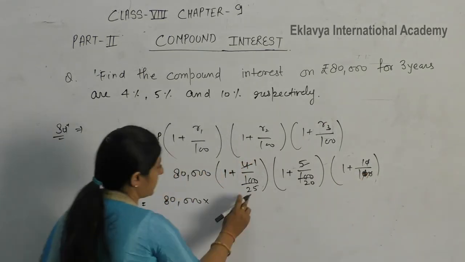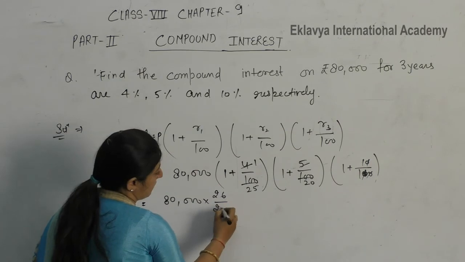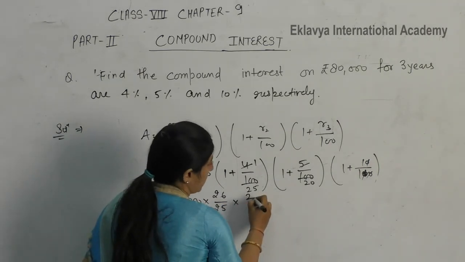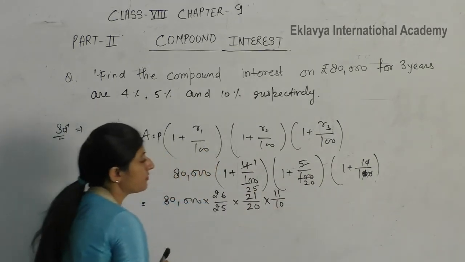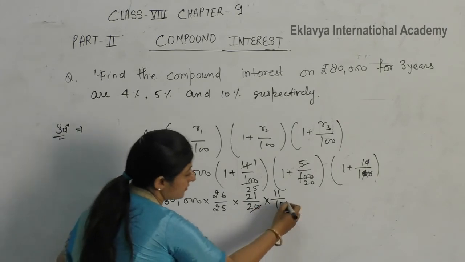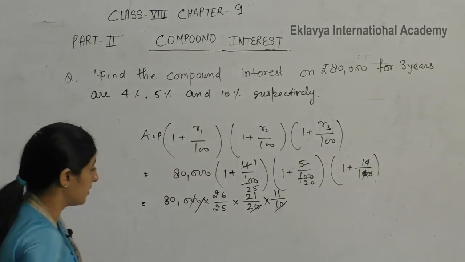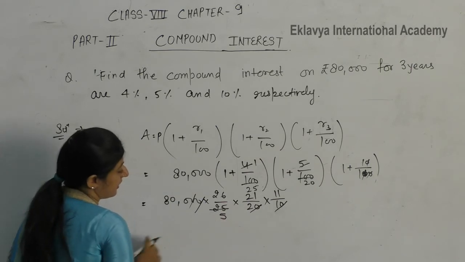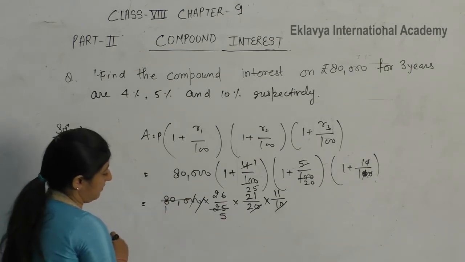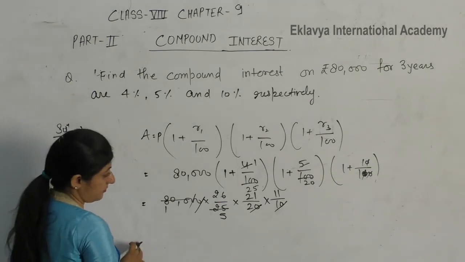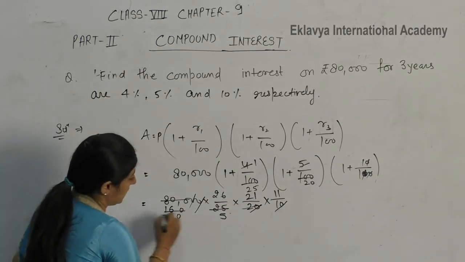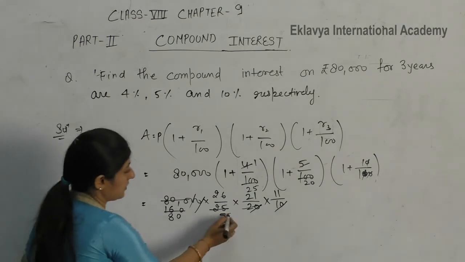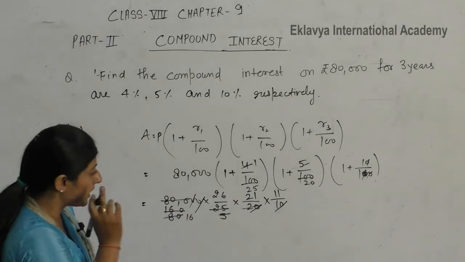Then it becomes 80,000 multiplied by 26 upon 25, multiplied by 21 upon 20, multiplied by 11 upon 10. Cancel out. Cancelling, it becomes 16. Now multiply all.